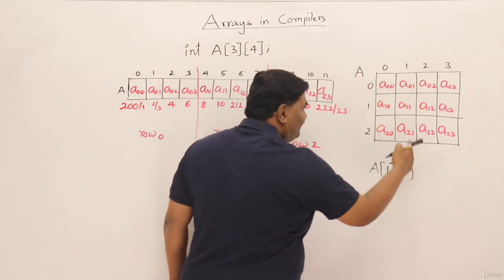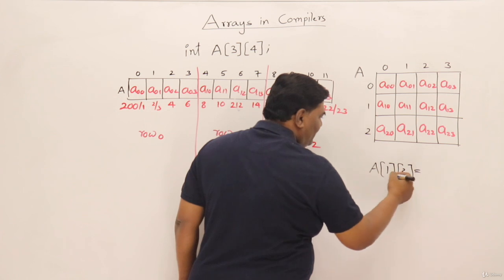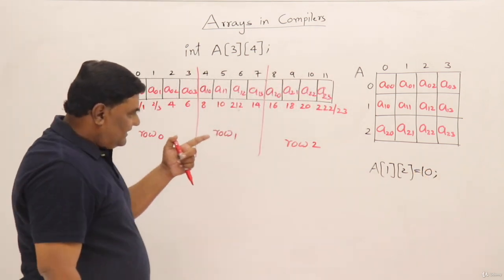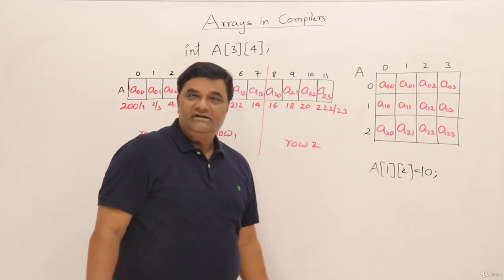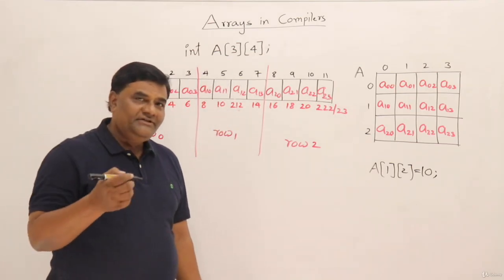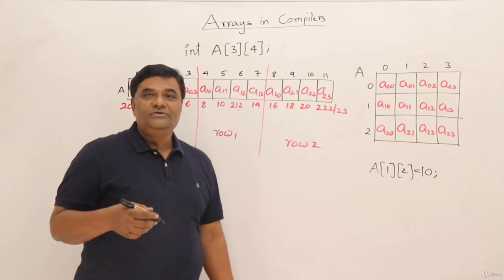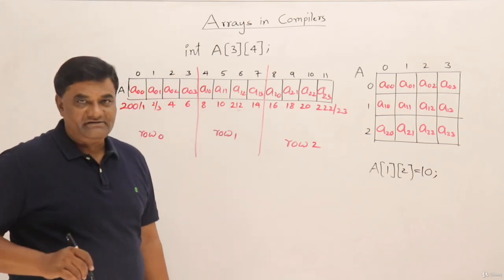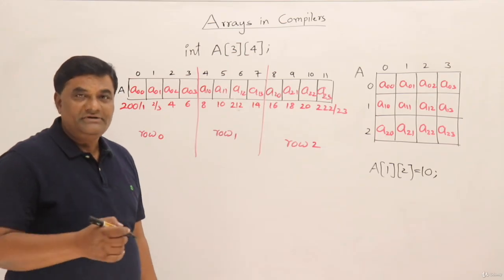In our program we will write, say, A of 1, 2 I want to store the value 10. Then A of 1, 2 has to be converted into an address by the compiler. We already know that the addresses cannot be known at compile time, so the compiler writes a formula for obtaining an address. Let us observe what the formula should be.